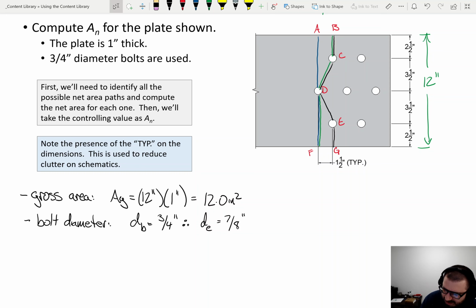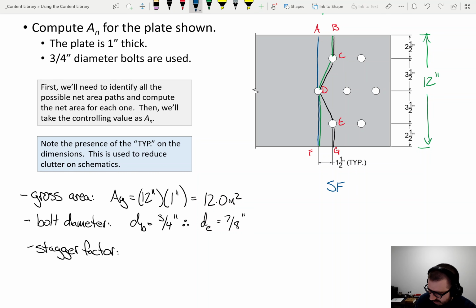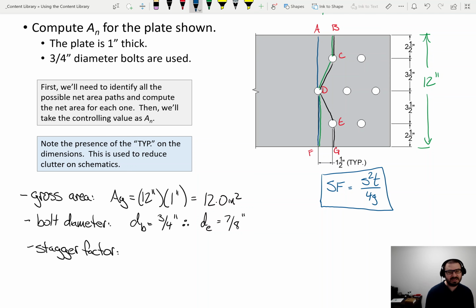Let's go ahead and do this stagger factor. So let's put this stagger factor over here. Now, I'm going to put my expression for a stagger factor right here just so we can have it handy. So our stagger factor is S squared T over 4G. T is easy. T is 1 inch.